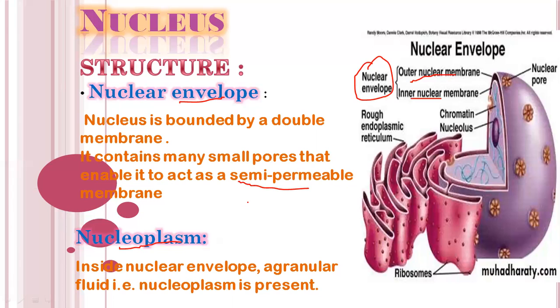We have talked before about what a semi-permeable membrane is, like the plasma membrane or cell membrane. Semi means half and permeable means allow. So it allows some of the materials to pass inside the nucleus, and some pass out of the nucleus.